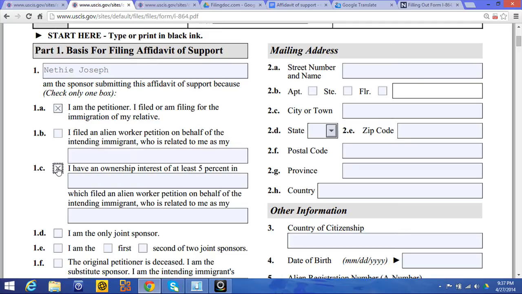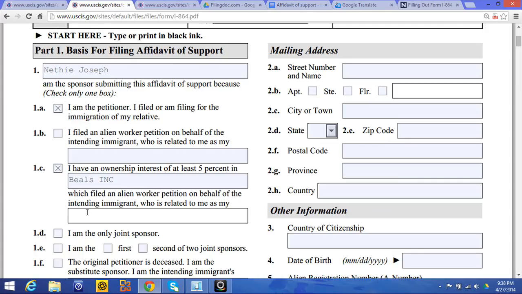So you will type the name of the company here, let's say Bells Inc., and then you will indicate how you are related to this alien worker.